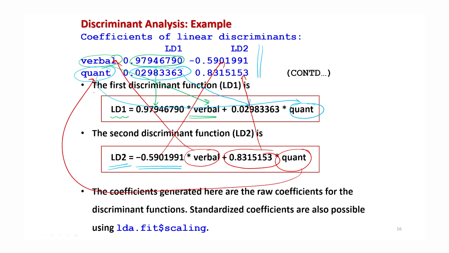This is how you can create the coefficients of linear discriminant, and from there you can create the linear discriminant function.